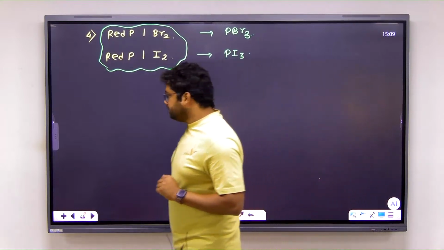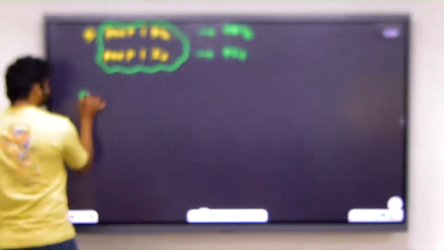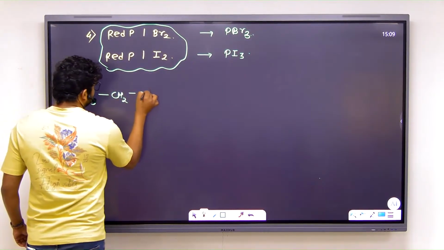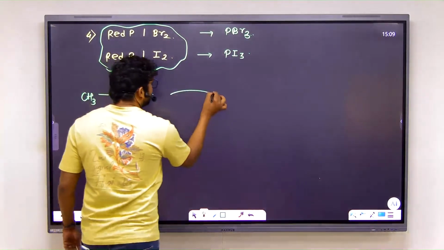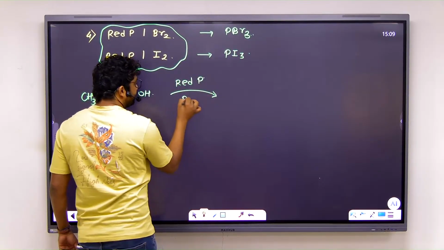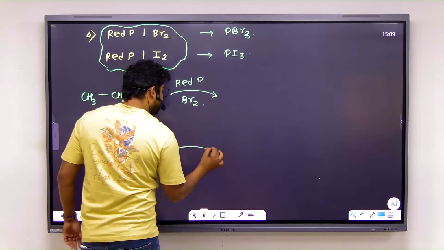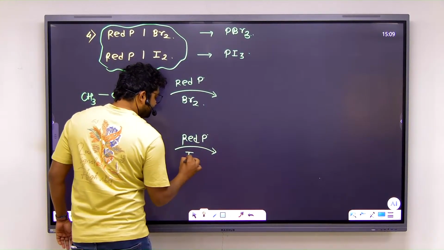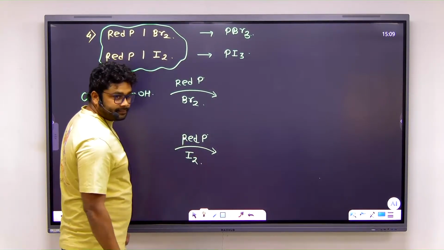The same work will happen if you have an alcohol like ethanol again, right? And above the arrow you have seen there is red phosphorus and Br2, or again red phosphorus plus I2, right?